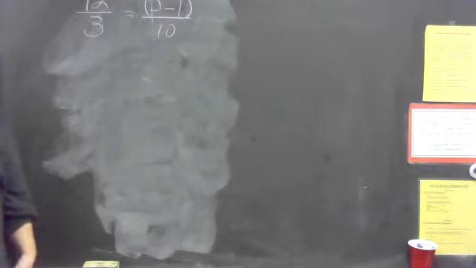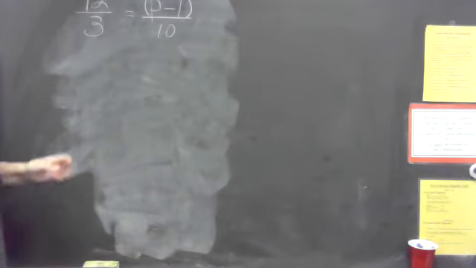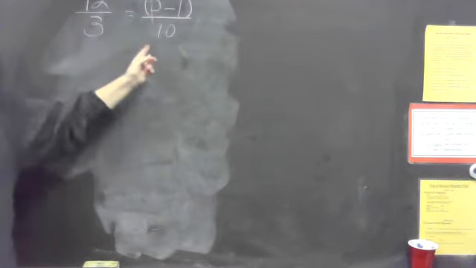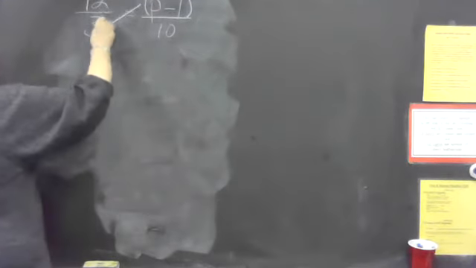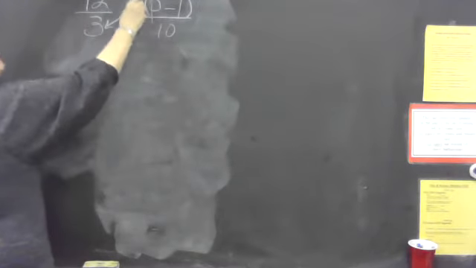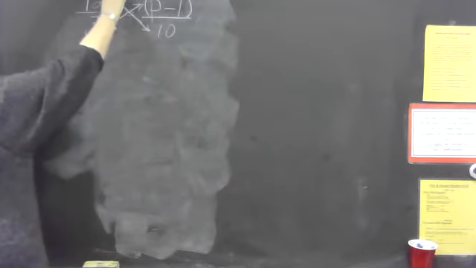And since it's a proportion, then we know that we can solve it by cross multiplying, okay? So cross multiplying means we're going to multiply this and get the same answer as when we multiply this.